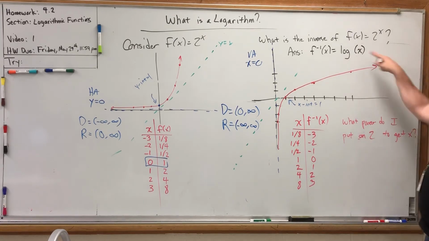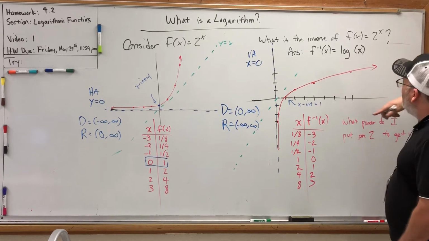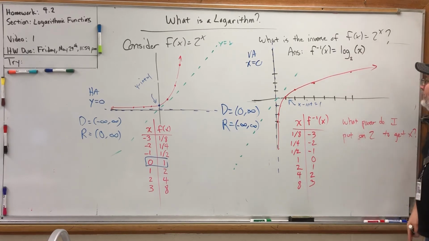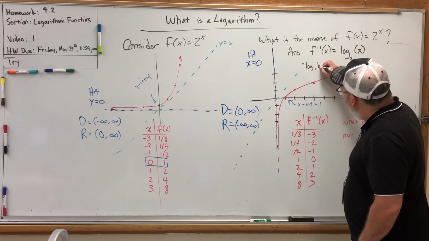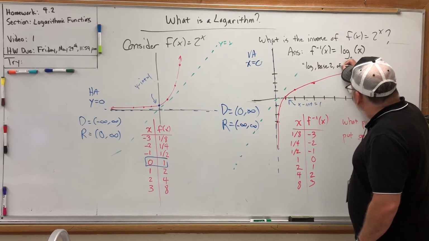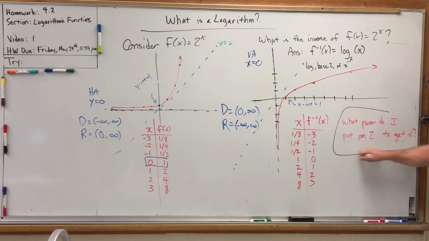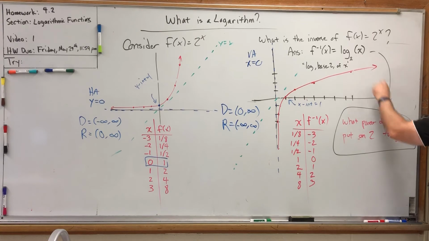Now, because there was a specific base mentioned, we need to mention it over here too. The place that you mention the base in a logarithm is a subscript after the g. You would read this log base 2 of x. And it is asking a question. And guess what question it's asking? This one. What power do I put on 2 to get the x? What power do I put on this to get that?